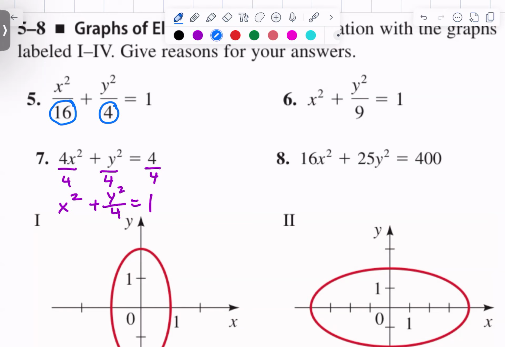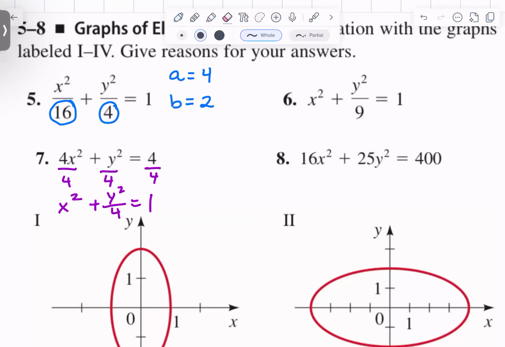So it's going to be a fat one, right? Does that make sense? So your vertex will always be that number square rooted. So my a value here is 4. My b value here is 2. Square root of 16 is 4. Square root of 4 is 2.